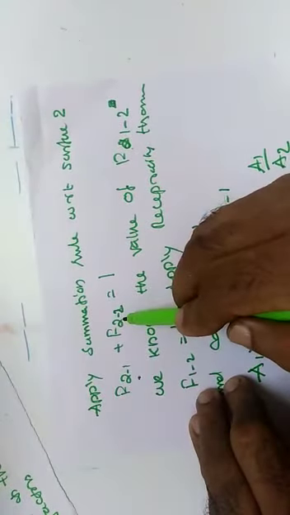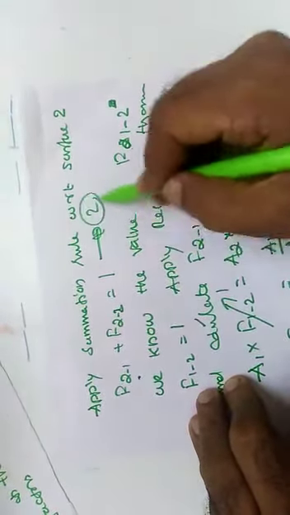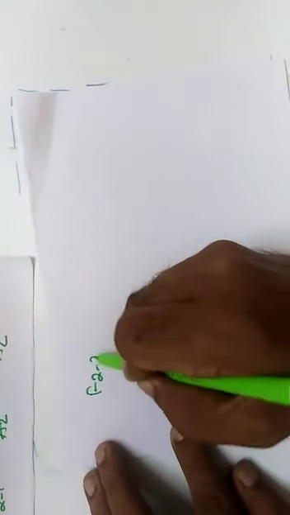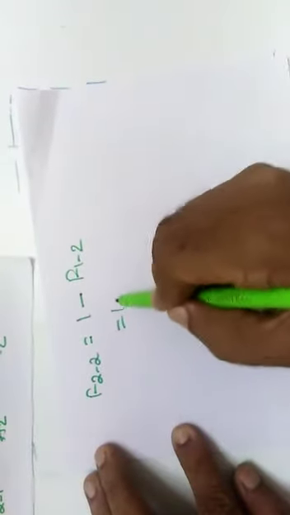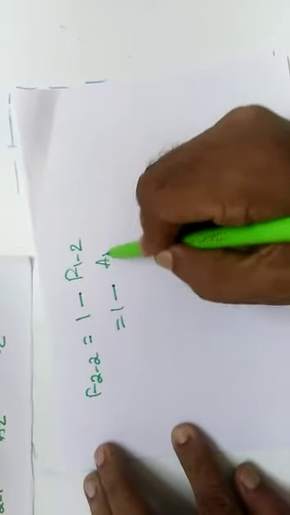You substitute the value of F21 in this equation, let it be equation number 2, and you will get F22. That is F22 equals 1 minus F21, which is equal to 1 minus A1 by A2.